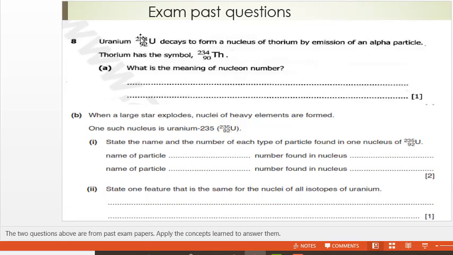This is 238, its proton number is still 92. So you can score this 1 mark by simply saying the number of protons. The feature is they all have 92 protons. You score that one.